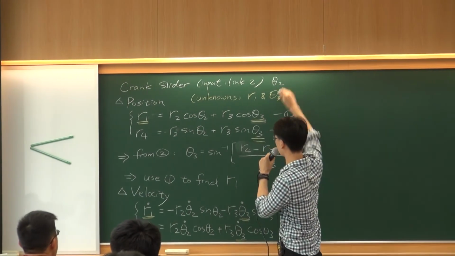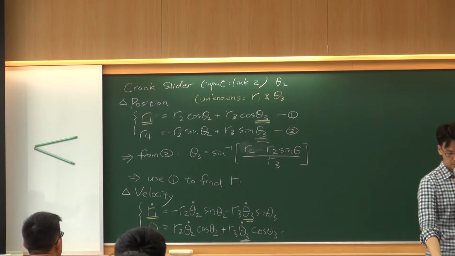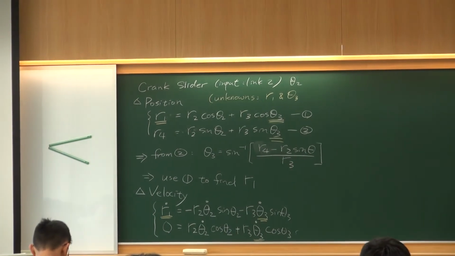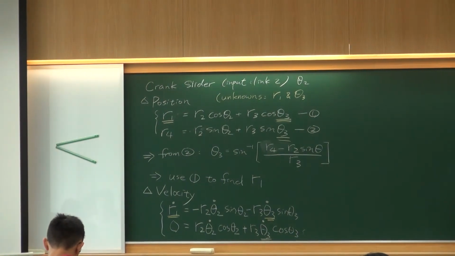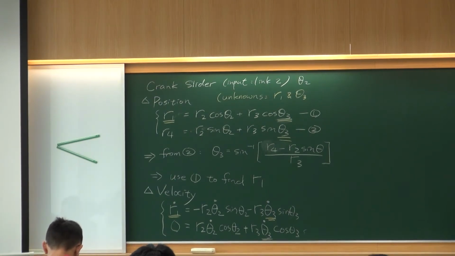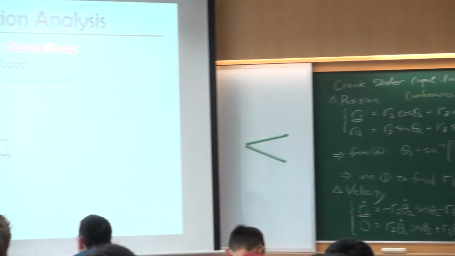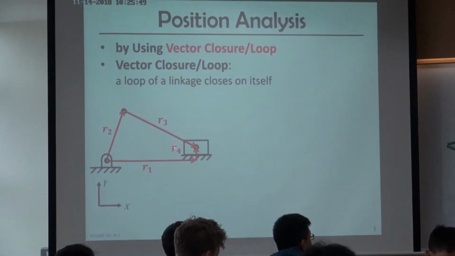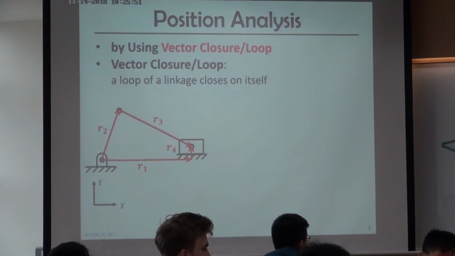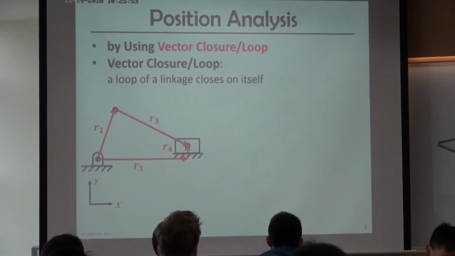We'll see this later. So R1 can indicate the motion of the slider. And we won't use R4 to indicate anything, but it's necessary to form this closed loop.